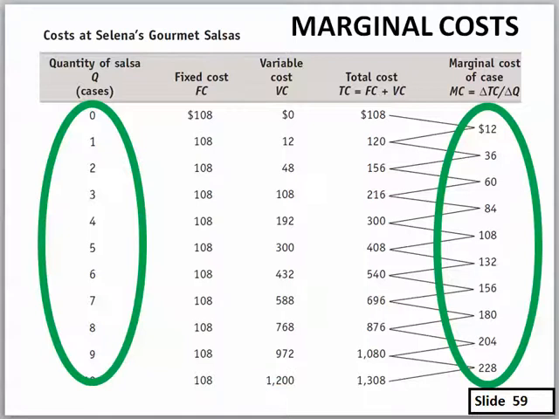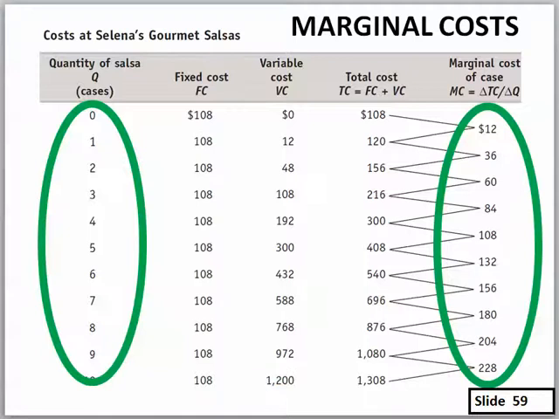But we want to know what the marginal cost is of a single case. In that situation, we'd have to divide the $36 marginal cost of that group of cases by 100, because that's how many cases changed between 1 and 2. Obviously, we divide by 100, and we get 36 cents as the marginal cost of the 200th case.